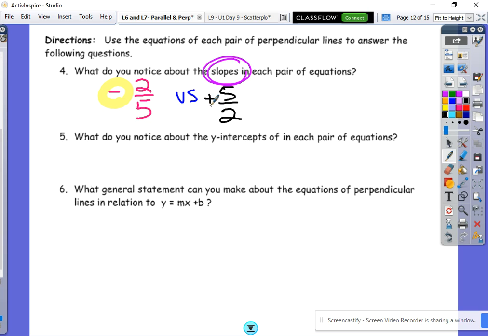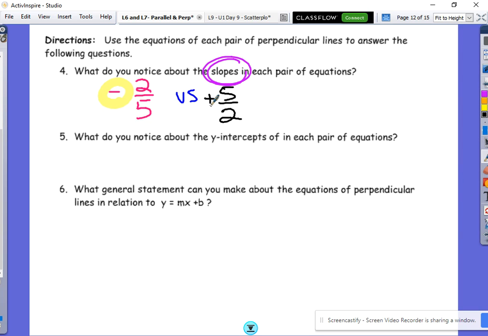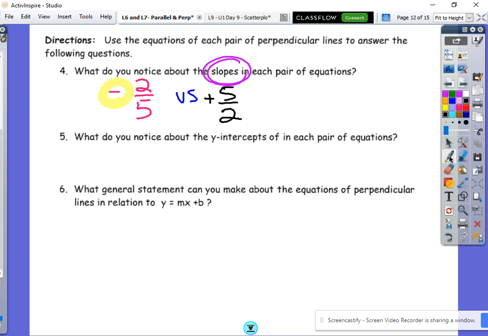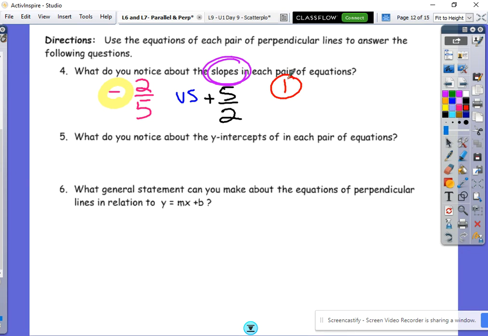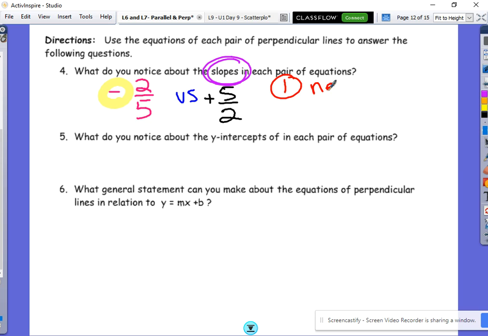We don't have the plus sign there, but it really is. So negative 2/5 and positive 5/2. That's always going to be the case. One's going to be negative and one's going to be positive. They have to be different signs. So that's our first observation.